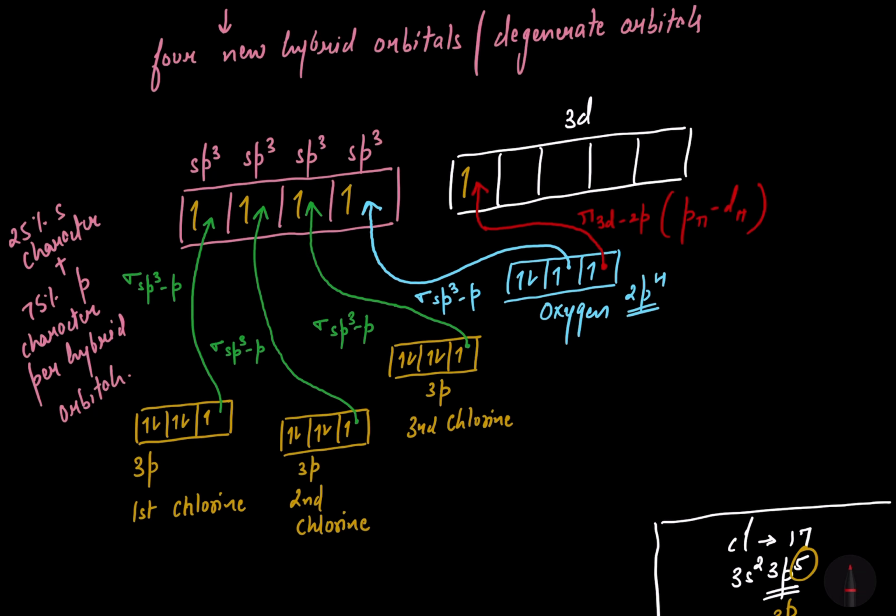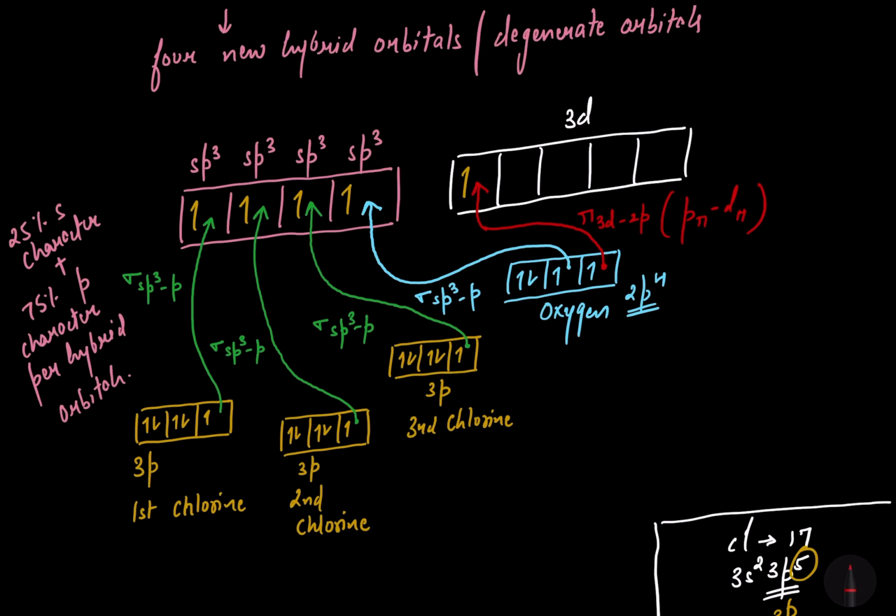So that's all about the hybridization. Here I have shown you that we have a total of 4 sp3 hybrid orbitals, and all of them have formed sigma bonds. The electron which was left in the 3d orbital has formed the pi bond with the 2p orbital of oxygen by sidewise or lateral overlapping.